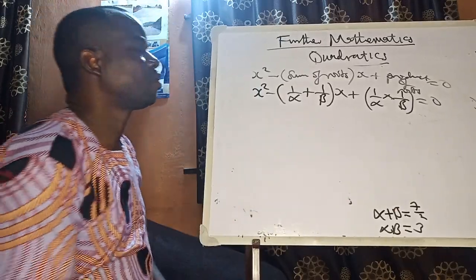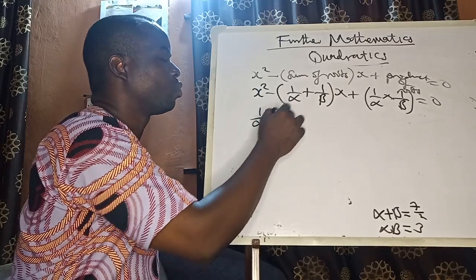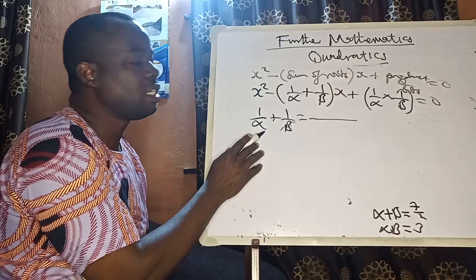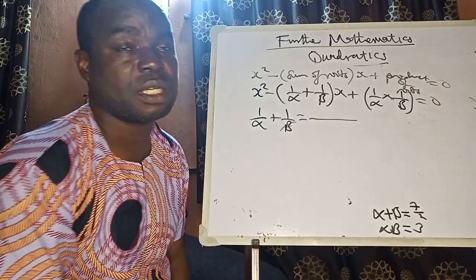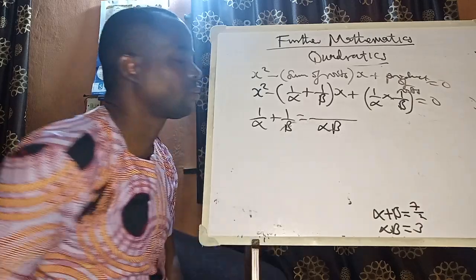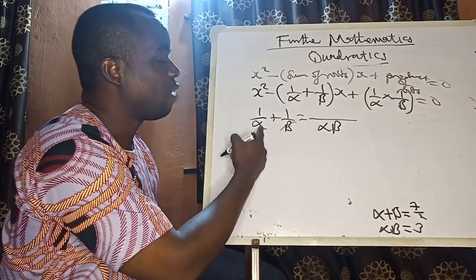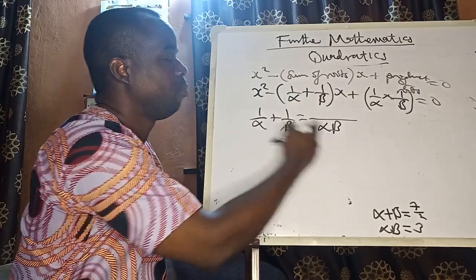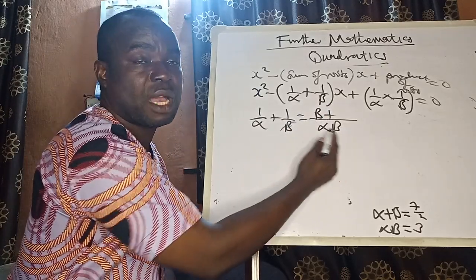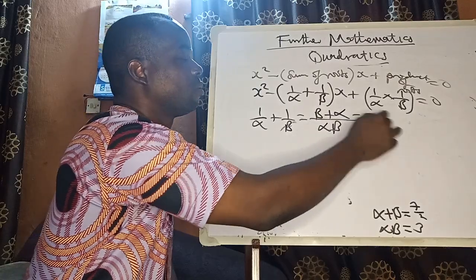Now, let's solve for 1 over alpha plus 1 over beta. In addition, use LCM. LCM of alpha and beta is alpha beta. So alpha cancels alpha, we have beta. Beta times 1 is beta. Beta cancels beta, we have alpha. Alpha times 1 is alpha.